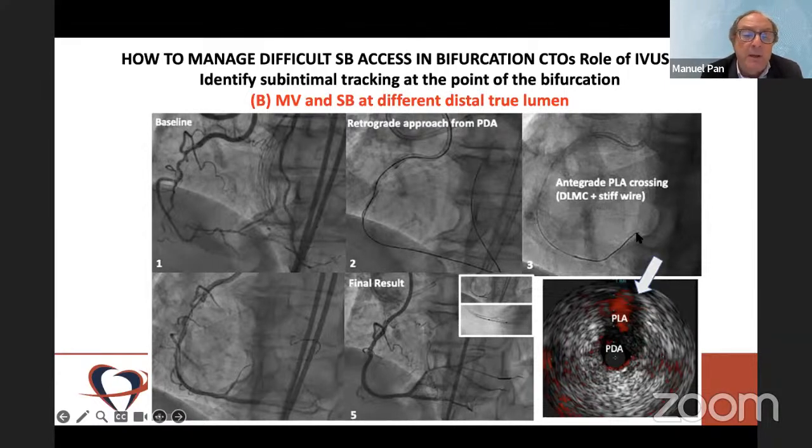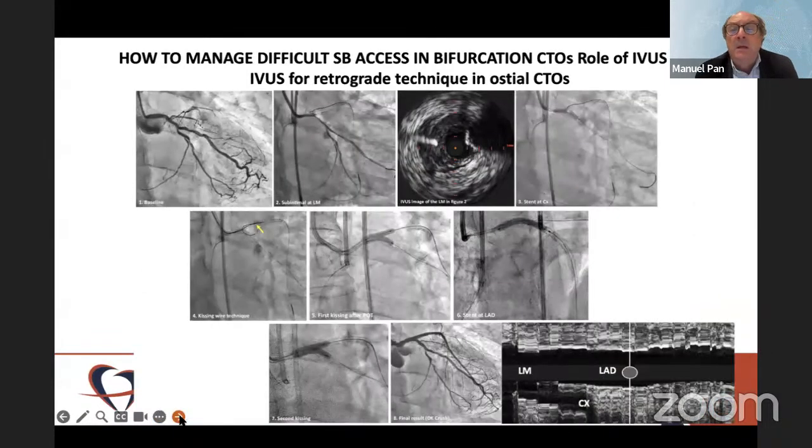After this maneuver, the dissection is frequent, and the need for a two-stent technique also is the rule. In this case, the ETITAP resolved the situation with an excellent angiographic result.